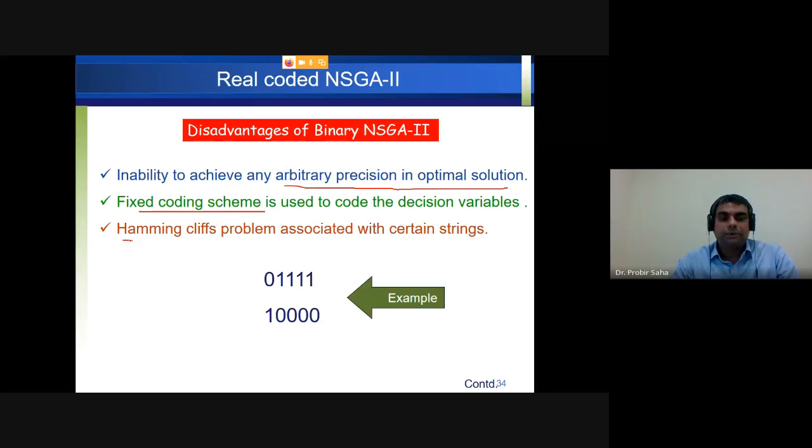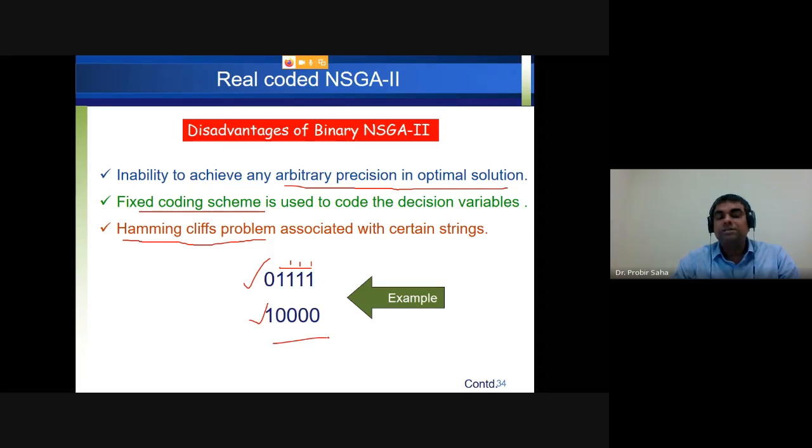Then there is another problem, which is called the Hamming cliff problem. If you see this genotype string, to change into its next neighboring real value, you have to change these 4 bits. You have to change this, this, and this, and then possibly you can go to the higher value.